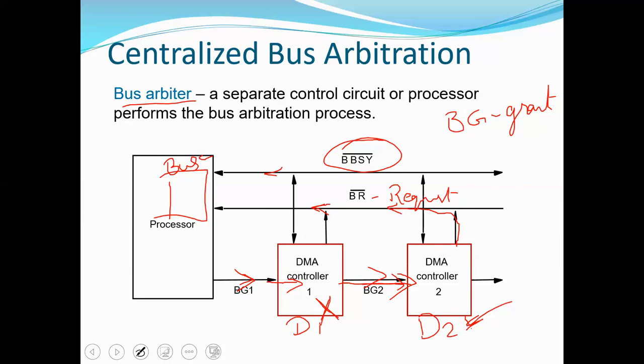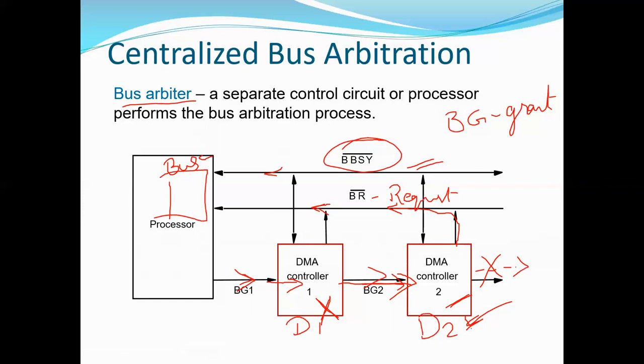Device 2 has requested the bus, so it uses the bus if the bus busy line is free, that is, the bus is not busy. It does not forward the bus grant signal anymore because it needs the bus. It uses the bus which is sanctioned.